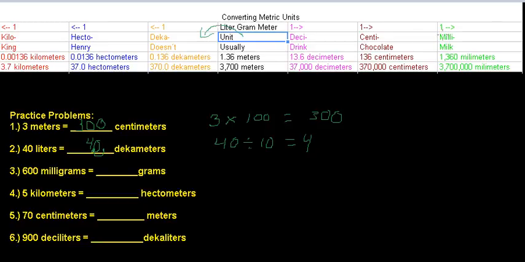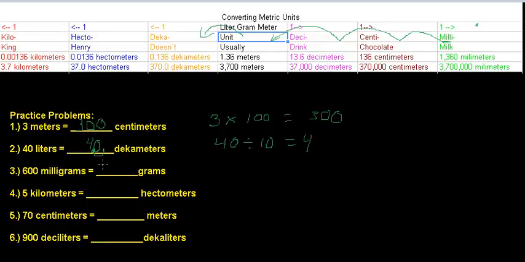So if we start at milli, and I'm going to grams, I'm starting with milli, and I'm going 1 to centi, 2 to deci, 3 to grams, to the unit. That means I'm moving 3 places to the left.